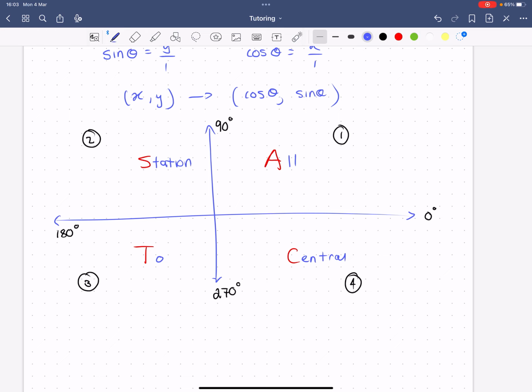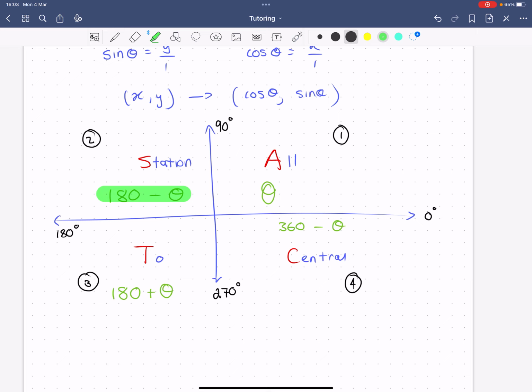And in the fourth, only cos is positive. But we also know that, let's say all angles in the first quadrant, let's call them theta. In the second quadrant, we're going to call this our 180 minus theta quadrant, our third our 180 plus theta quadrant, and our fourth our 360 minus theta quadrant.